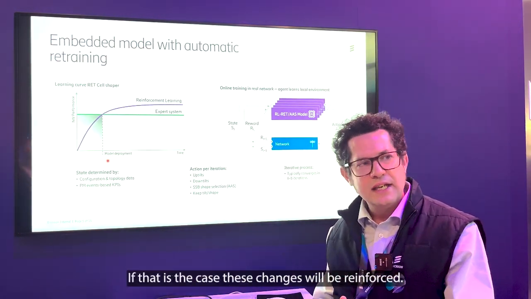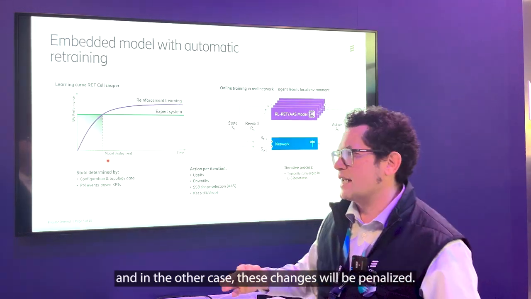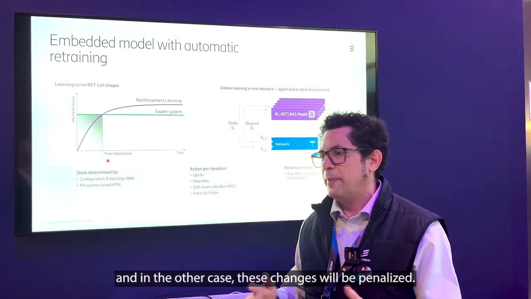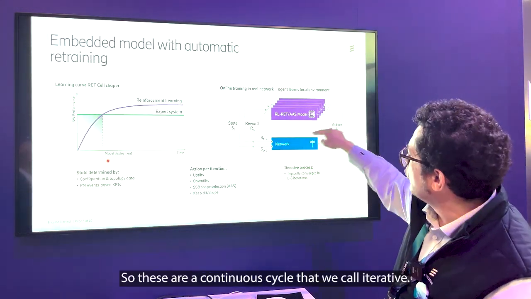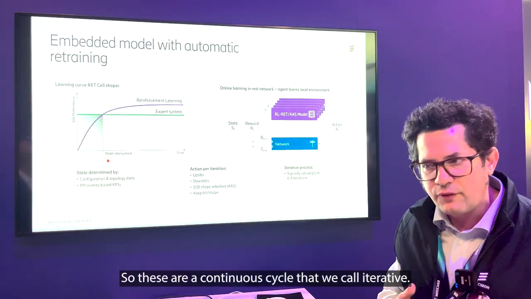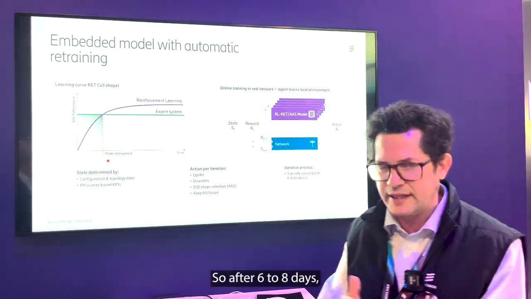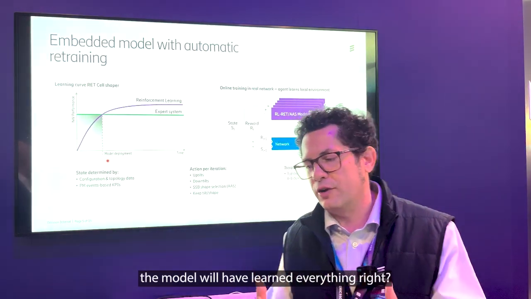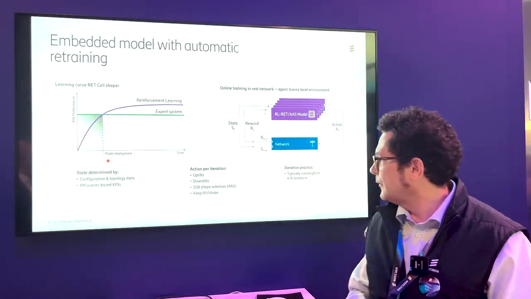If that is the case, these changes will be reinforced, and in the other case, these changes will be penalized, so those changes will not be encouraged, okay? So this is a continuous cycle that we call iterative and typically lasts from 6 to 8 iterations. After 6 to 8 days, the model will have learned everything, right? And will be ready to work independently, okay?